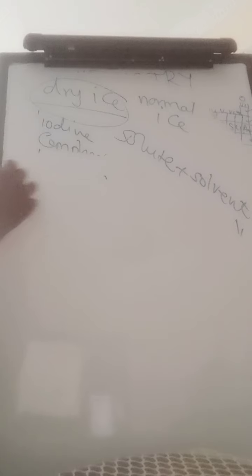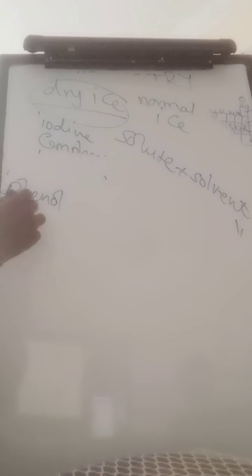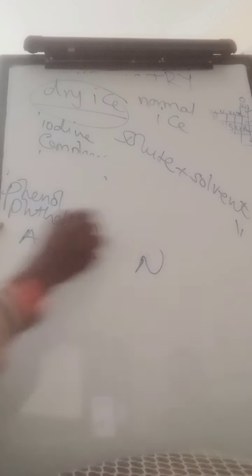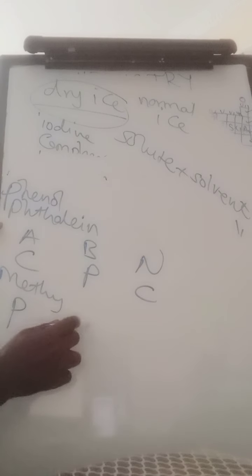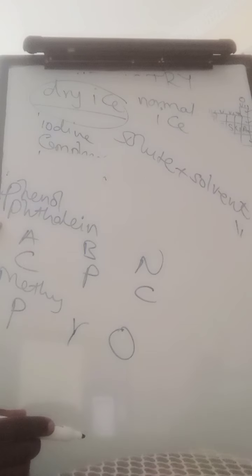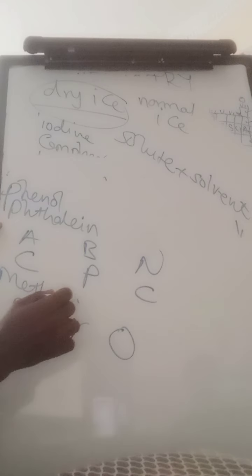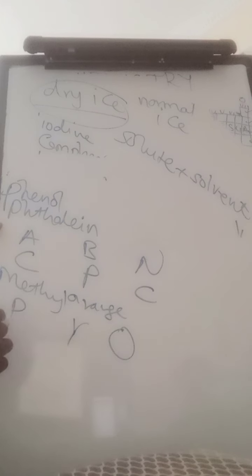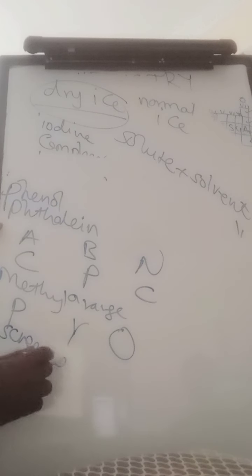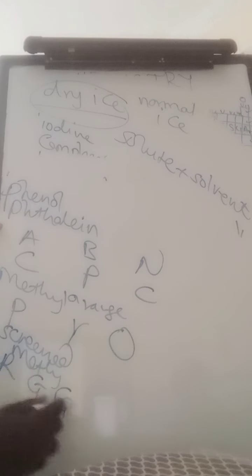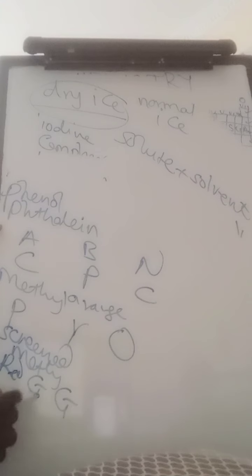So if you have phenolphthalein indicator, in an acid, base, neutral, we always say colorless, pink, then colorless, isn't it? If something like methyl orange is used, you say pink, yellow, orange. That's actually methyl orange. If it is something like screened methyl orange, you say red, green, gray.